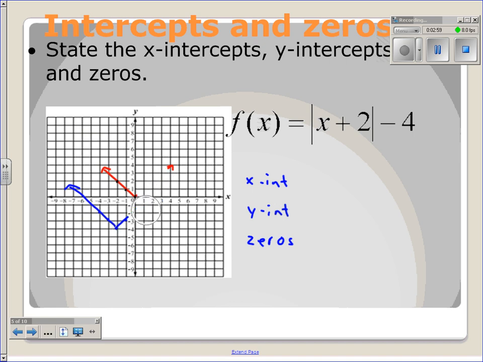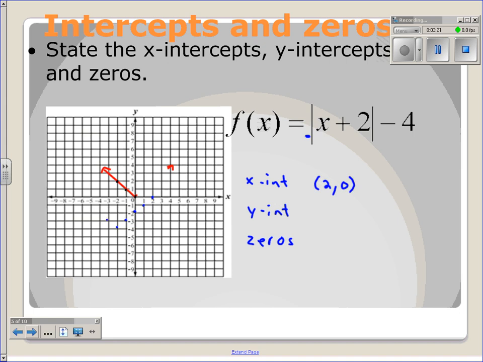The y is clear, but I'm not sure that the x is clear. So I'm going to go down 4, left 2. I'm going up 1, over 1 because my a value is 1. So up 1, right 1. Oh, now it's very clear that the graph crosses at 2, 0.